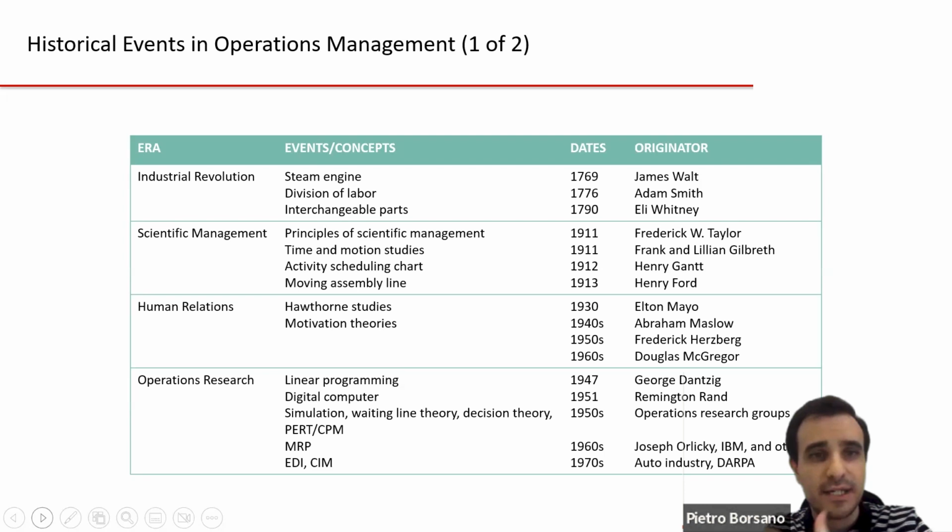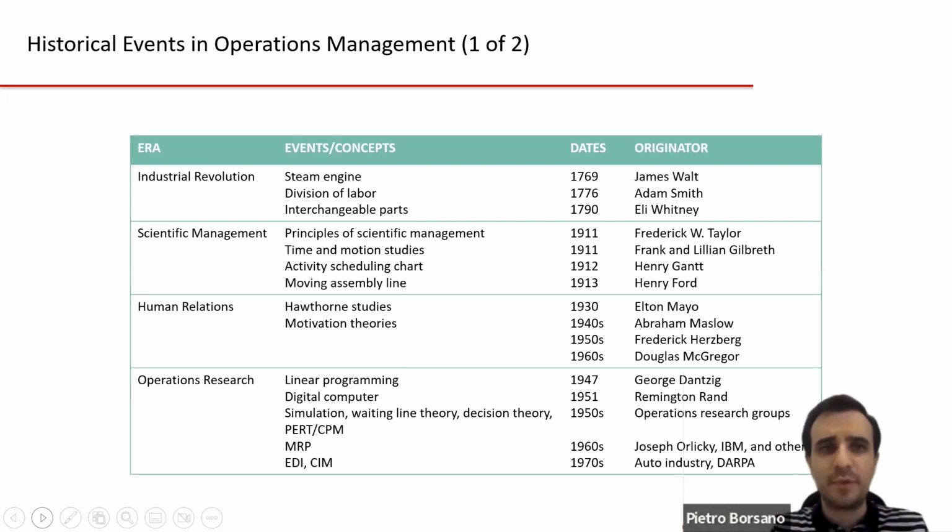As you can see, we start from the Industrial Revolution, then we move on to the scientific approach of operations, with Gantt, who named the famous Gantt chart, which is still used today. Henry Ford was the first one to design an assembly line and higher standardization.